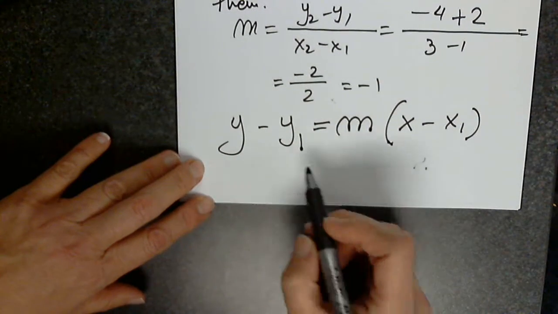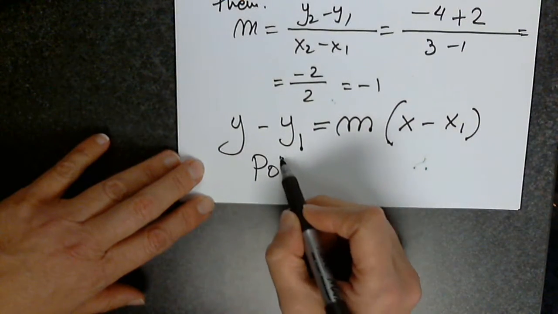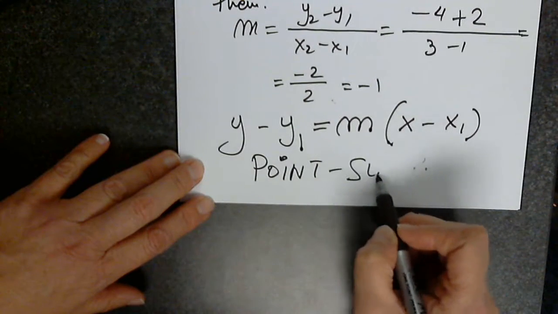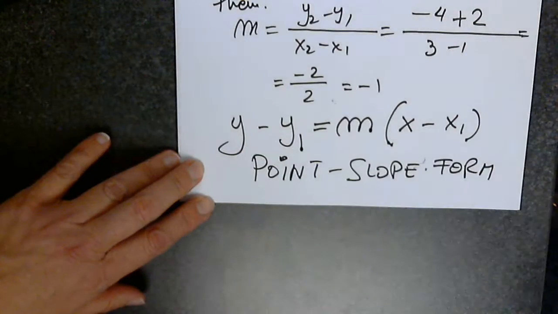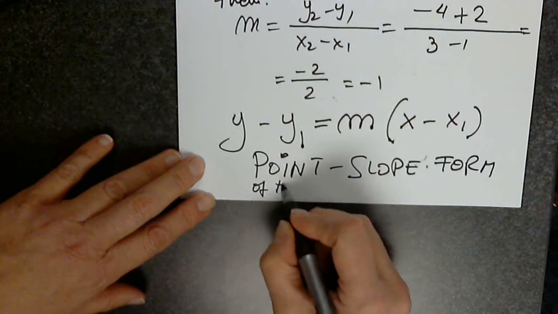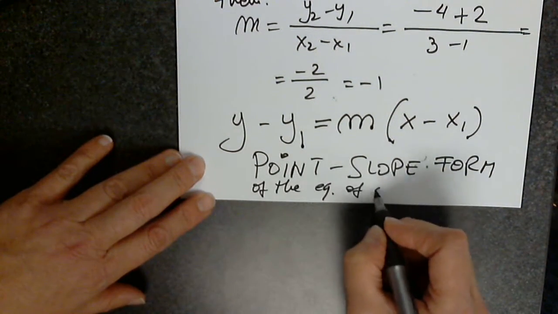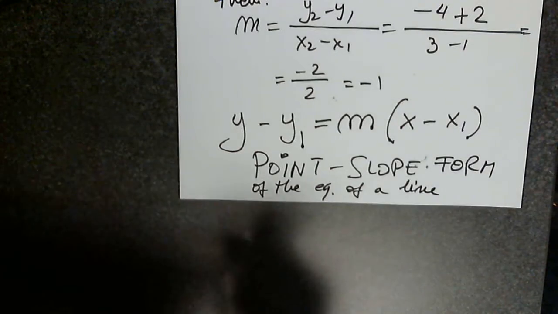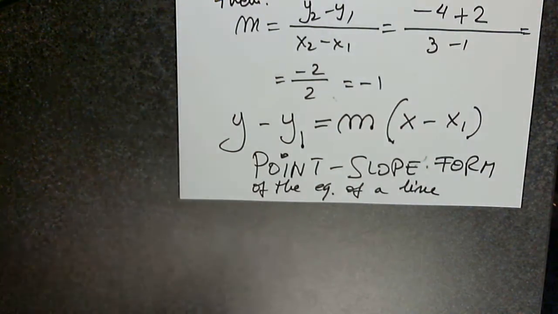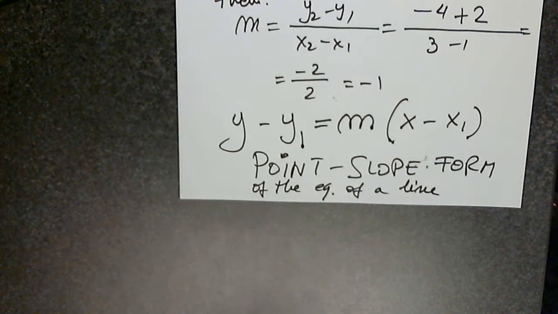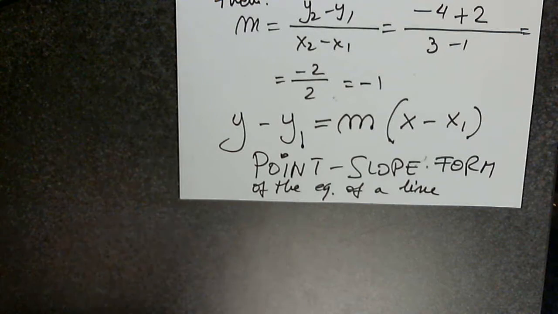And this is obviously called point-slope form of the equation of a line. So it's not slope-intercept because I don't have the intercept, but it's some point, not the y-intercept, and the slope.